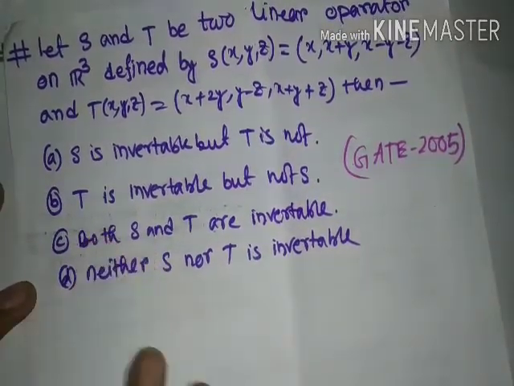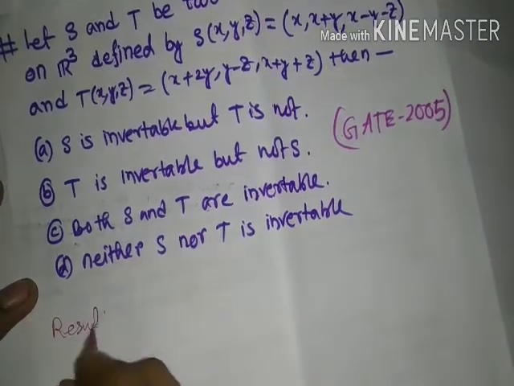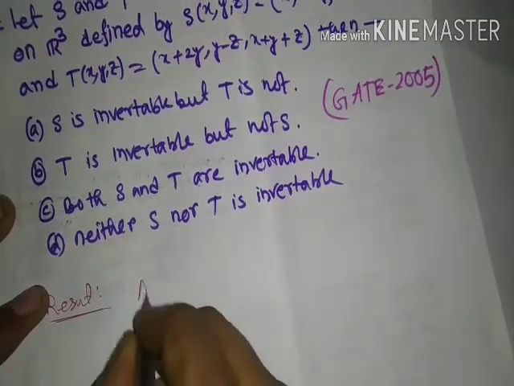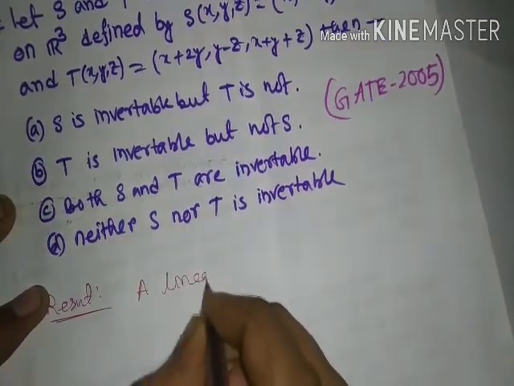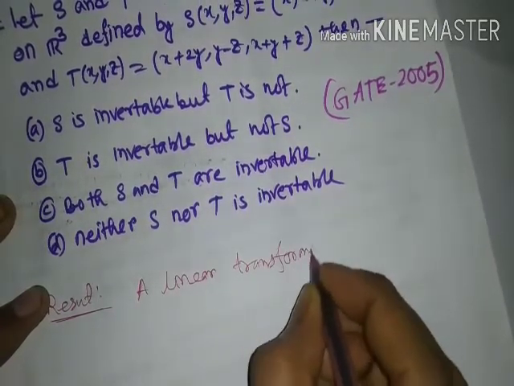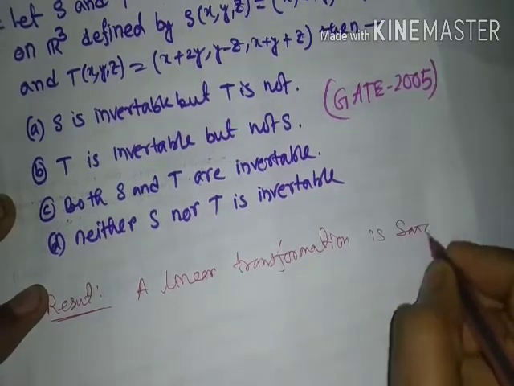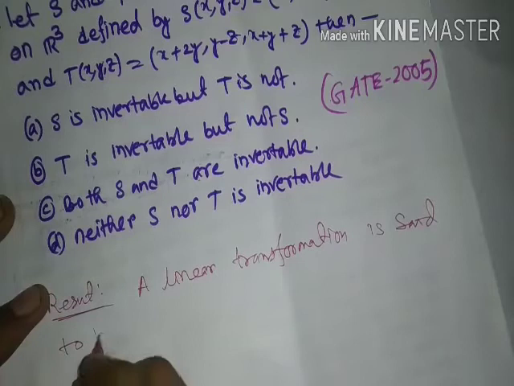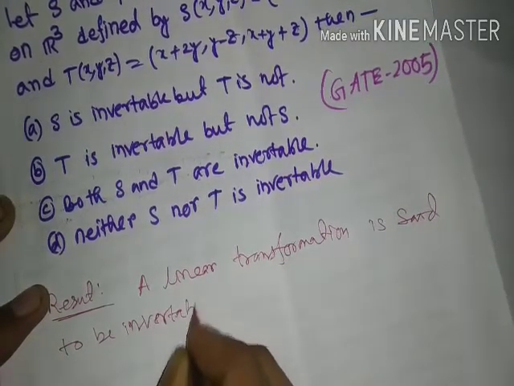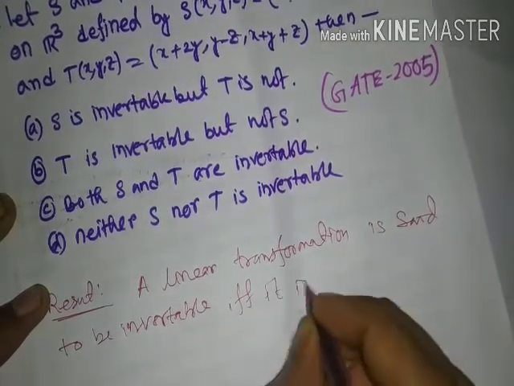To solve this question, we first study a result. What is the result? The result is a linear transformation is said to be invertible if and only if it is non-singular.